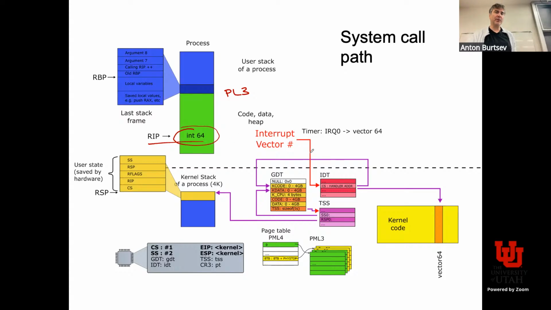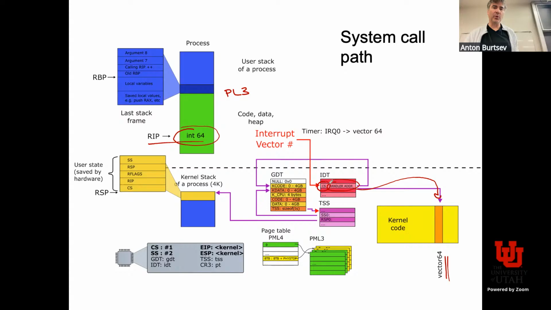The hardware looks at the interrupt descriptor table and picks up two things. One is the address of the handler itself, which leads us to a short sequence of assembly instructions, auto-generated by a Perl script, and the label is called vector64, which is spelled correctly.